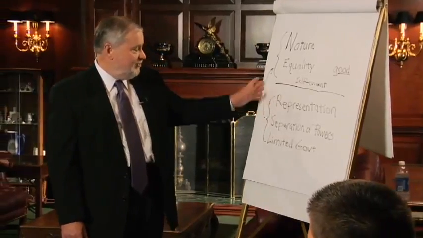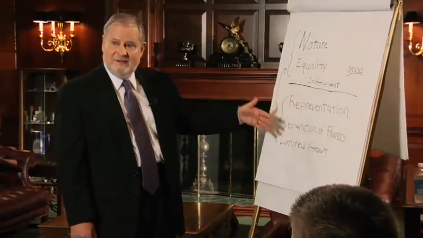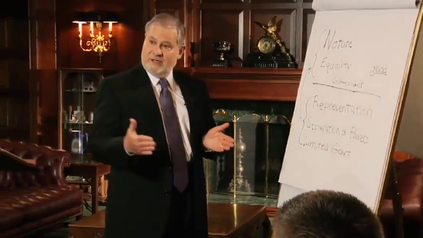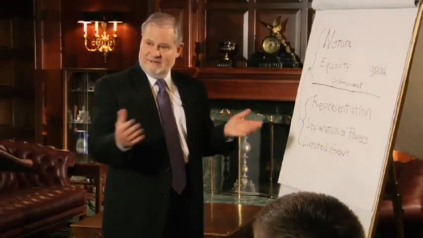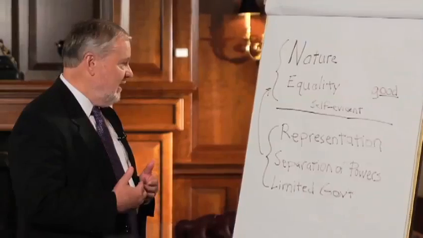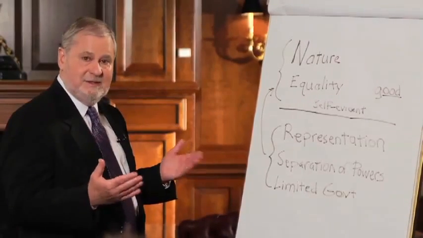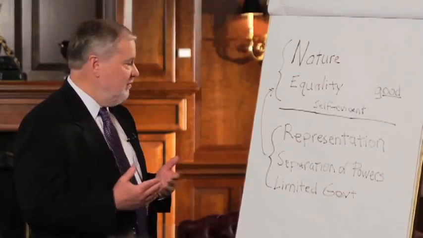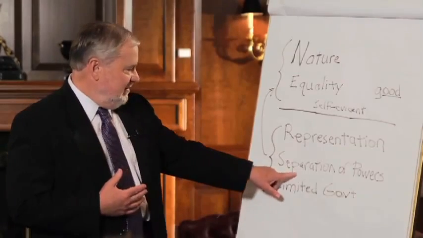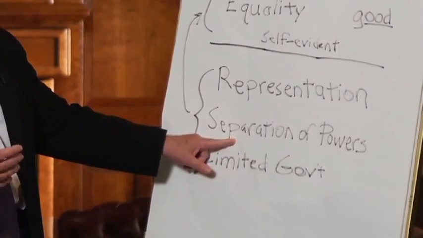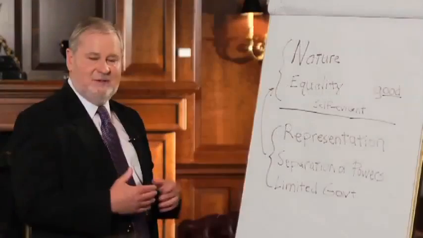But, you know, the Constitution is organized to be a representative government. We elect people to go. We don't do the government ourselves. We don't meet and pass laws ourselves. We elect representatives. And everybody in the government of the United States is elected or appointed directly or indirectly from the people. And obviously, the Constitution of the United States implements separation of powers. Its structure is built around separation of powers.